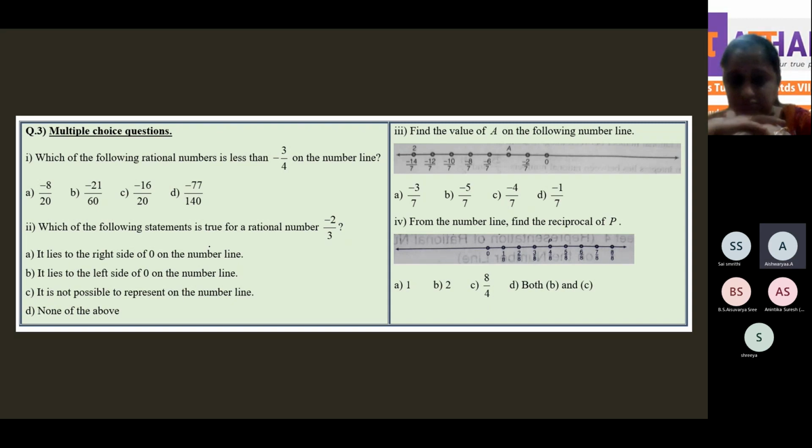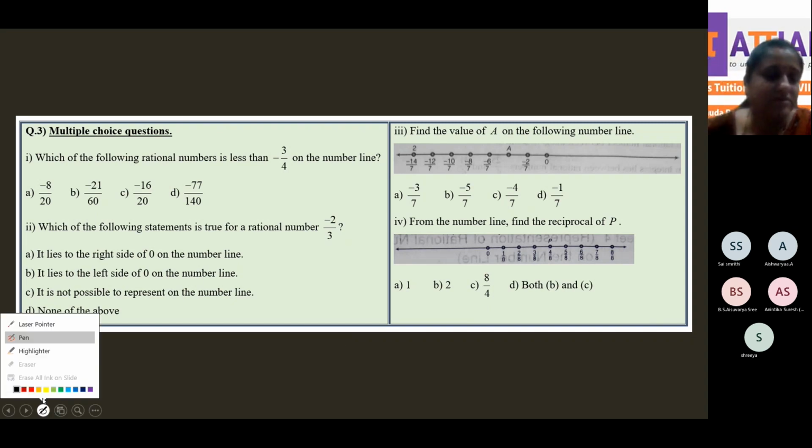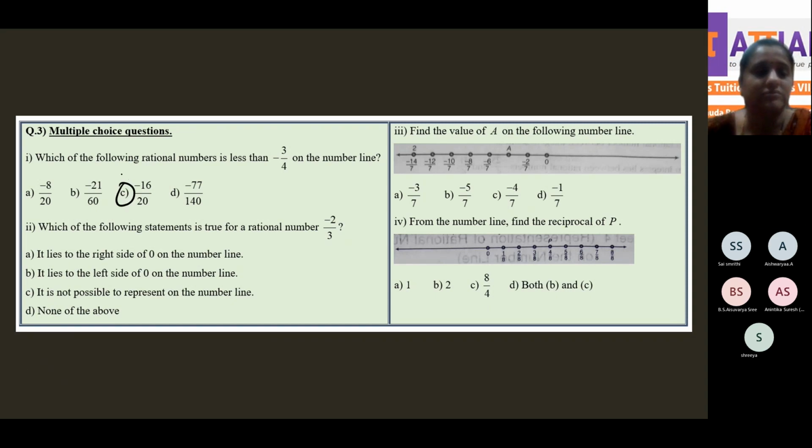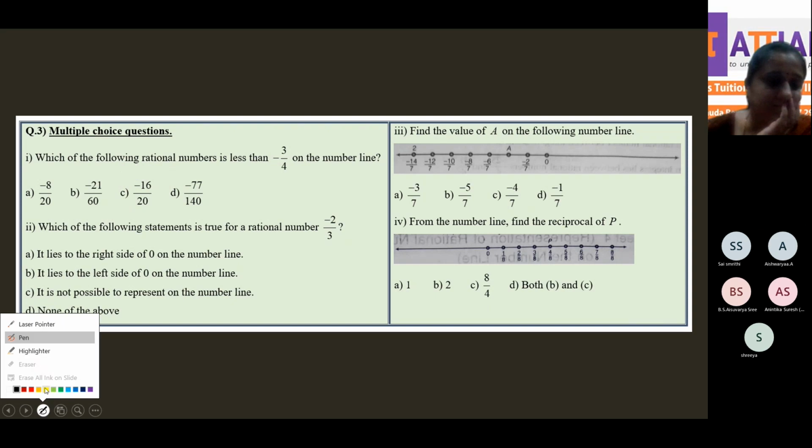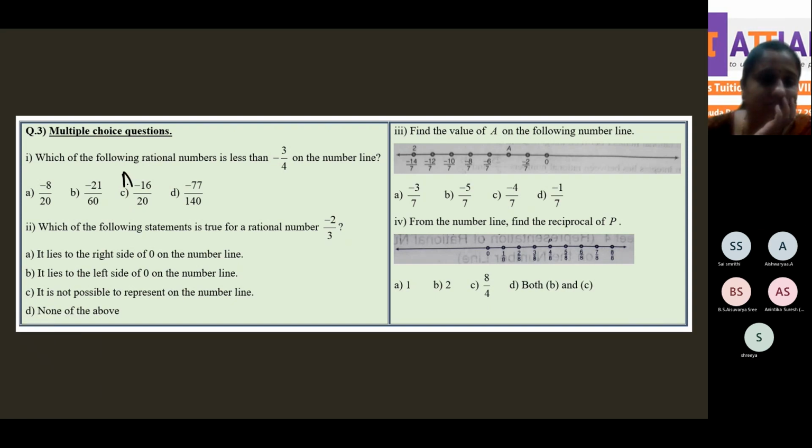Ma'am, I think I got the answer. Tell us. Ma'am, I'm getting it as C. C is the only one, is it? Okay. Aishwarya says C. Ma'am, it's minus 21 by 60, ma'am. Shriyan, okay.